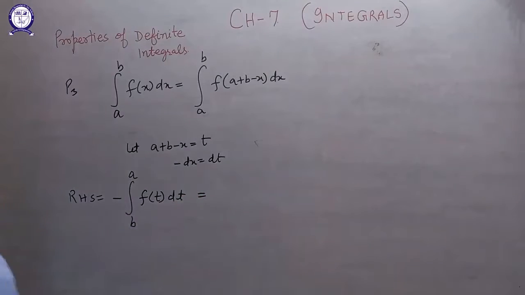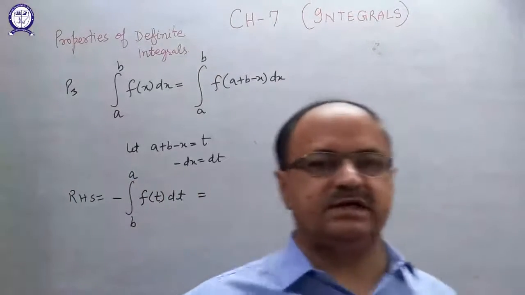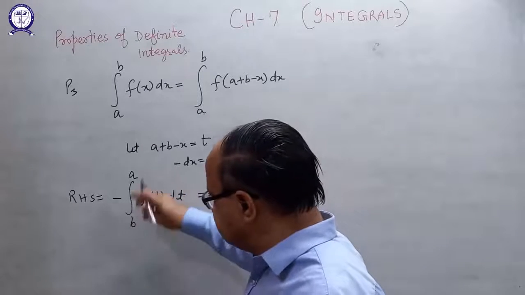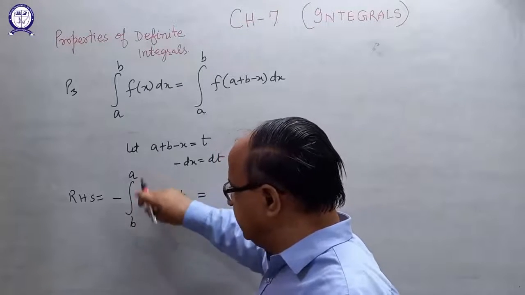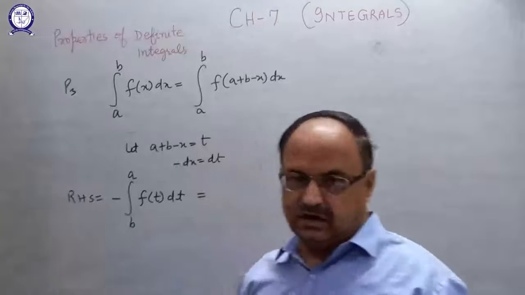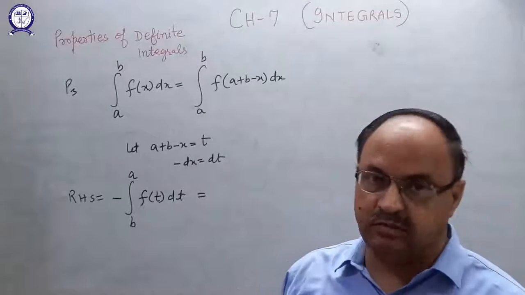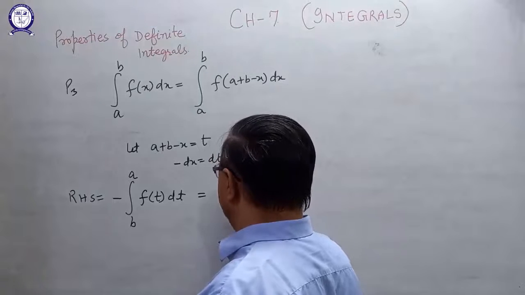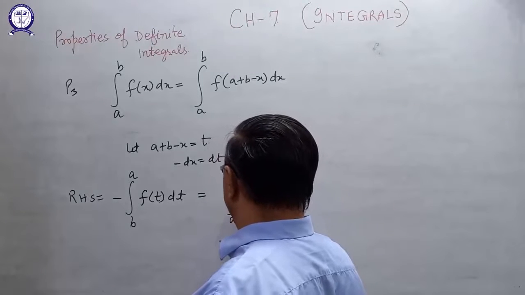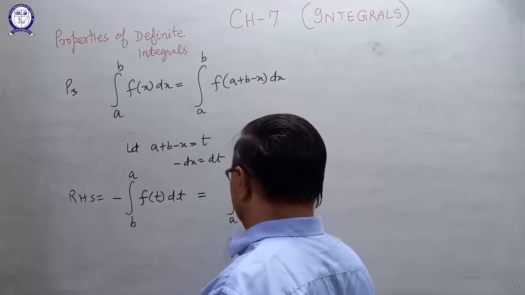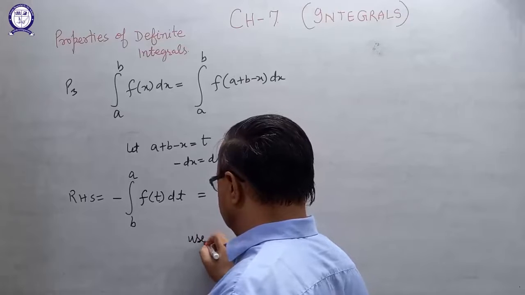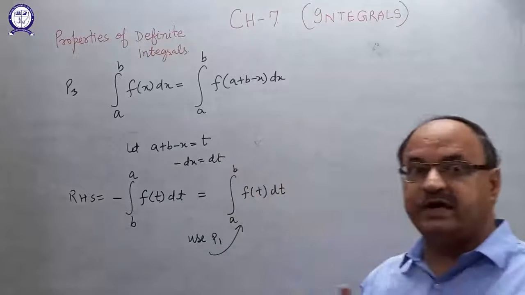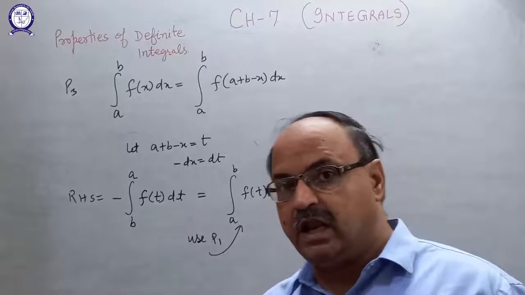Correct? Now use property P1: interchange the limit. When you interchange the limit, the minus sign will come, and minus into minus is plus. Therefore, a to b f of t dt. Here we use property P1 very well.